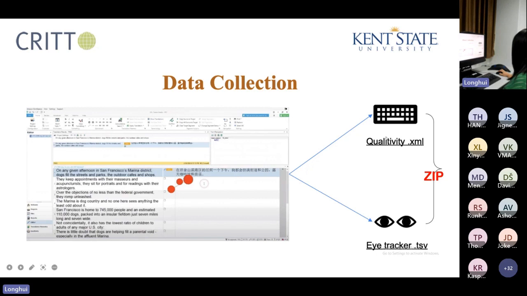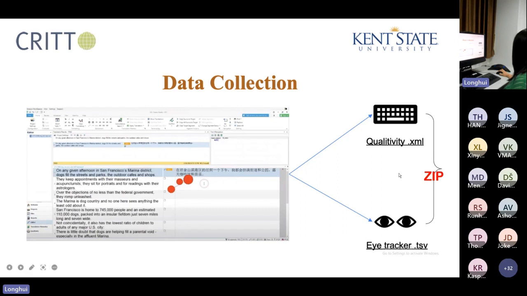Another stream of data is the eye tracking data, which is in a TSV file. This is the output from an eye tracker. You can use either a Tobii or an EyeLink to get this eye tracking data. We need these two files, and we zip them together and upload them to the TPR-DB management tool.